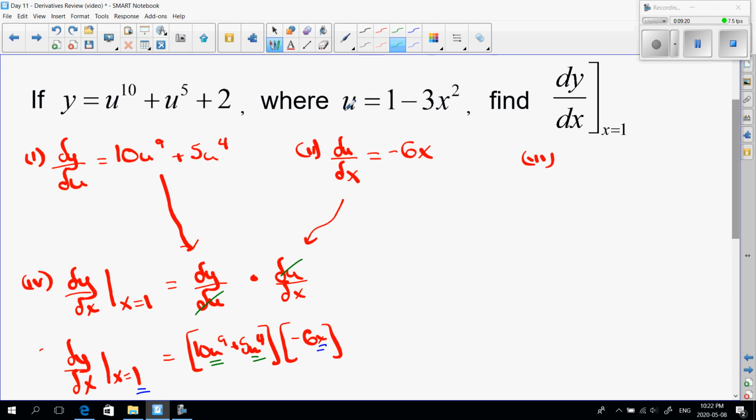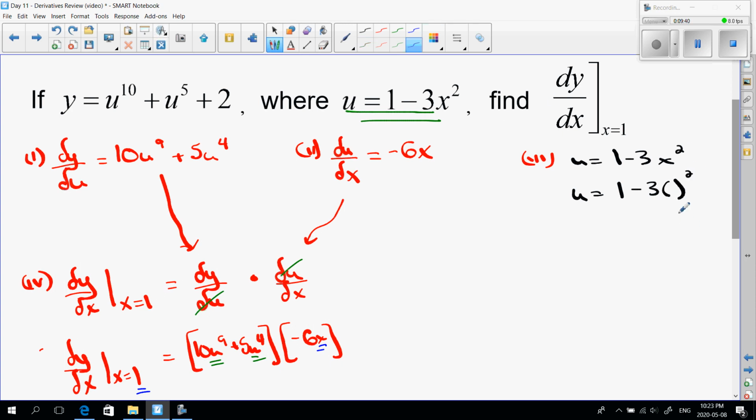You might notice that I have this equation up here, u equals 1 minus 3x squared. I can solve for u by plugging this 1 in for x.